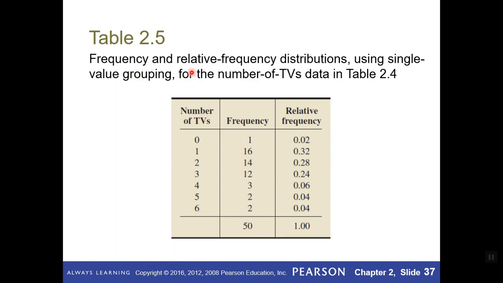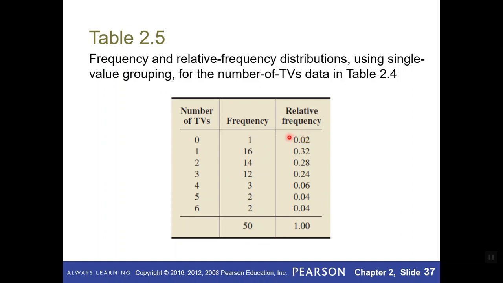Let's consider this frequency and relative frequency distribution. Number of TVs: they are discrete, distinct values 0, 1 to 6. The frequencies mentioned here: 0 for 0 TVs, 1 for 1 TV, 16, something like this. So the total is 50.